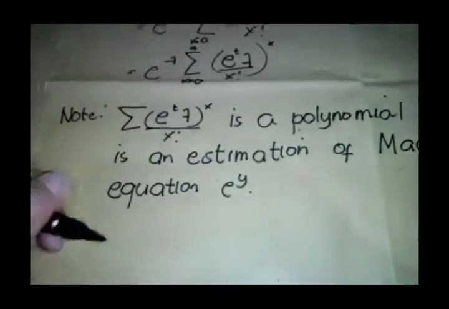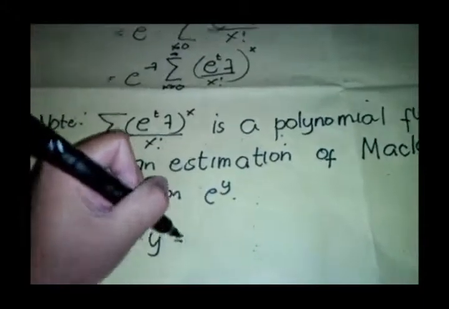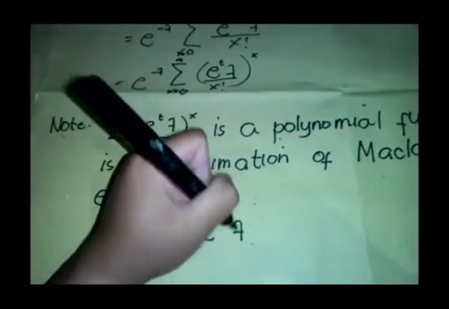So we let y equal e to the power of t times lambda.